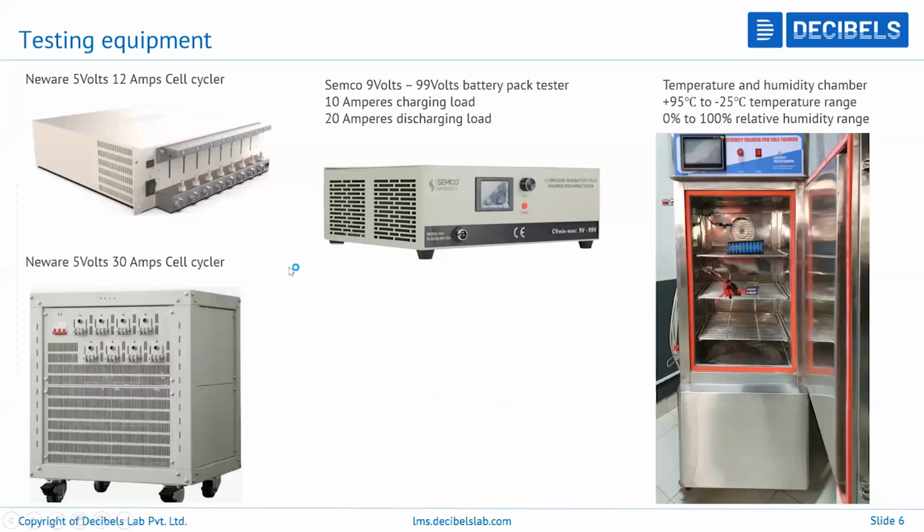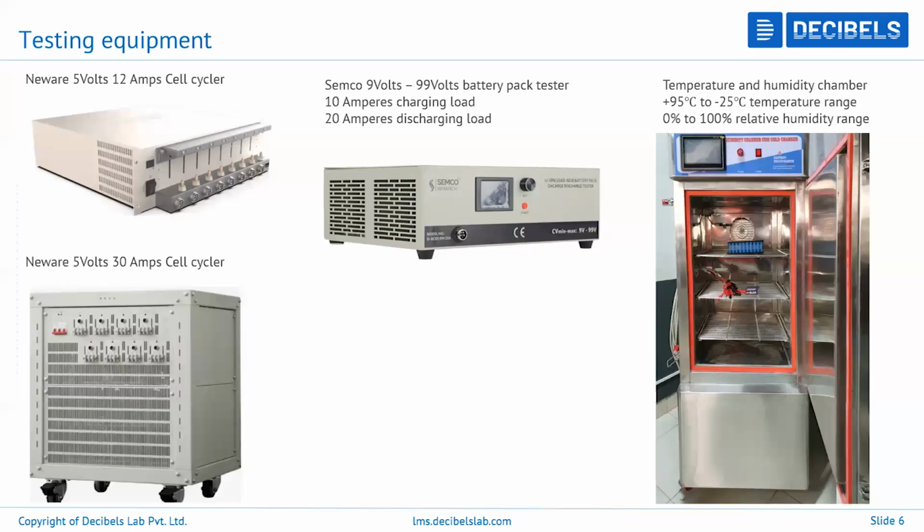So when we talk about how exactly we estimate parameters, here is a broad list of testing equipment, because most of your cell parameters that we see, they all originate from cell testing procedures and devices. So here is a complete list of all the equipment, and we have this here at Decibels Lab, where we can take individual cells or battery packs, load them into the given channels in the given machines that you can see, and then subject them to so many different profiles.